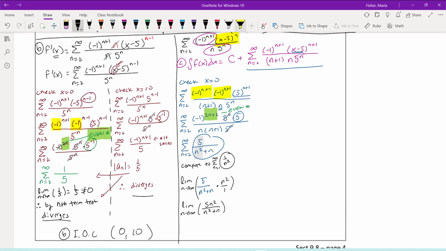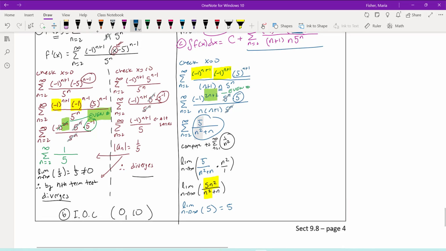Well, that's just a 5n squared over n squared if we're looking at those leading terms. And if we reduce that, that just becomes 5 because 5n squared over n squared will reduce to 5. So you're looking at the limit as n goes to infinity of 5. Well, that's equal to 5. Well, 5 is a finite positive number. Therefore, by that limit comparison test, you converge.